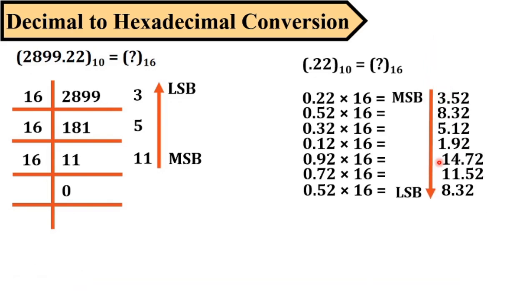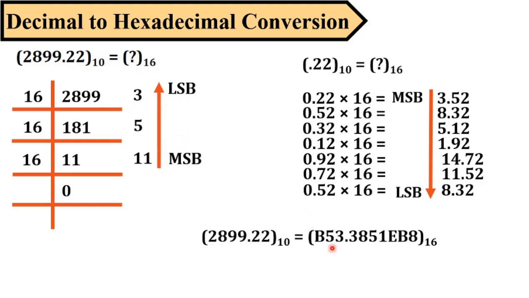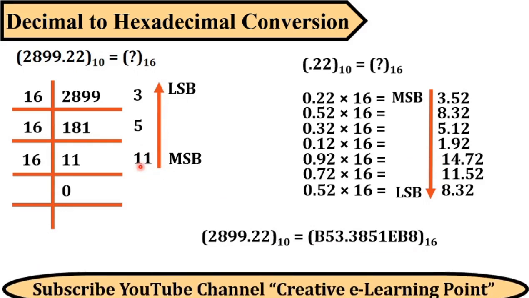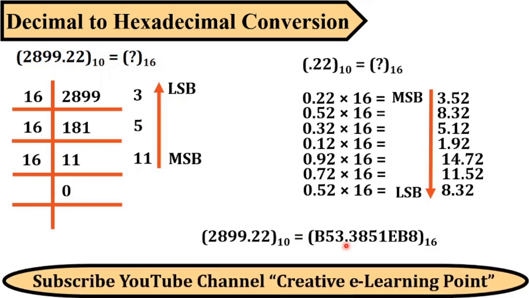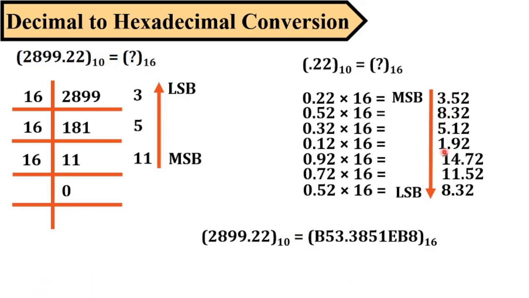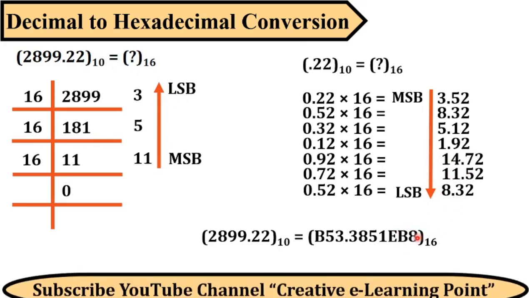So finally the corresponding hexadecimal number for 2899.22 is B53.3851, where 11 is represented as B and 14 is represented as E in the hexadecimal number system, 11 is represented as B and 8 as it is. I hope you got the idea of how to convert a decimal number into a hexadecimal number. Thank you.